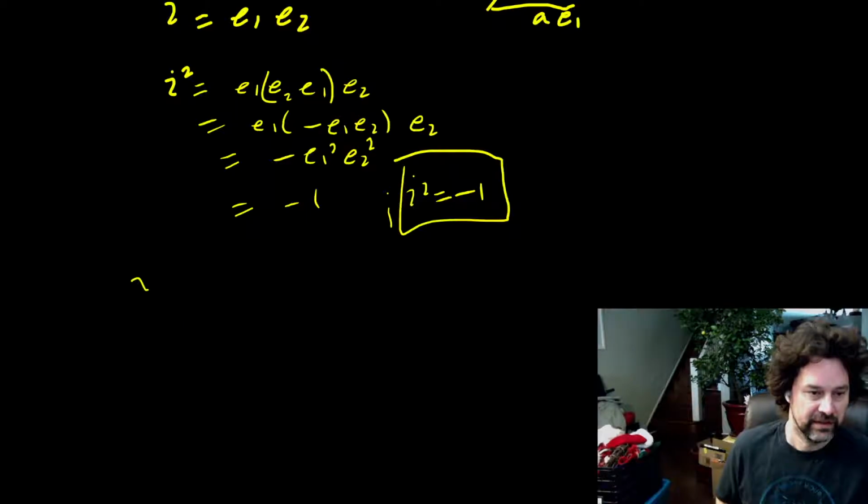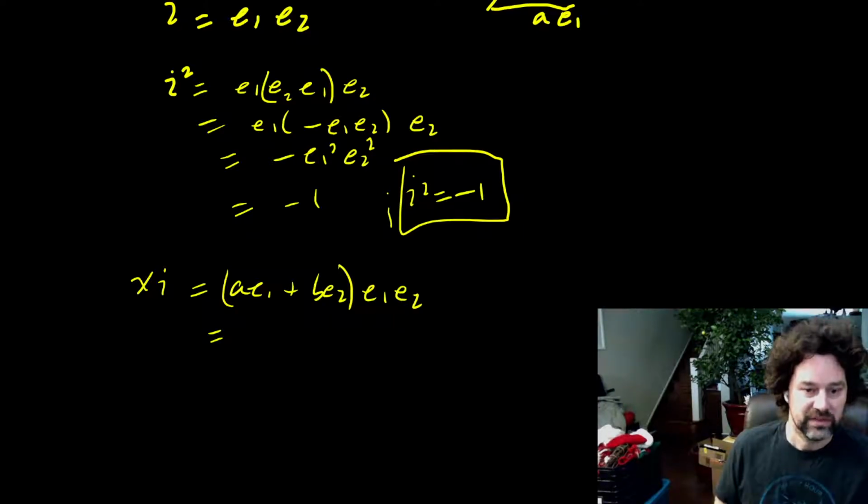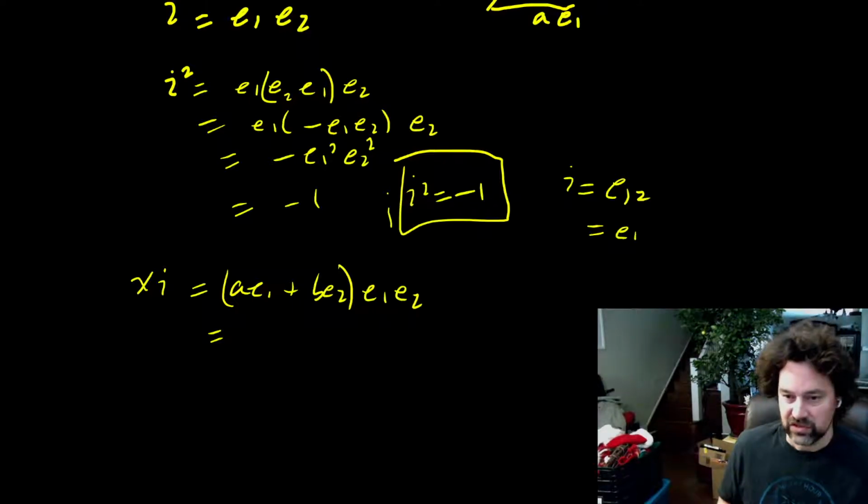So if we take xI, what is that? A E1 plus B E2 times E1 E2, and I will sometimes write I equals E12, which is what I did in the R3 case. That is just going to be short form for E1 E2. I didn't mention that earlier.